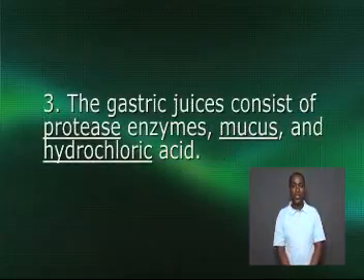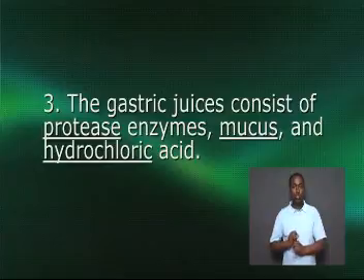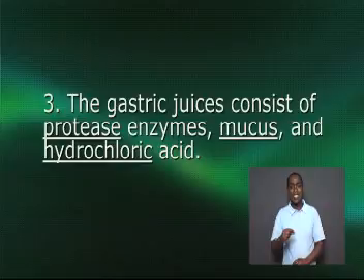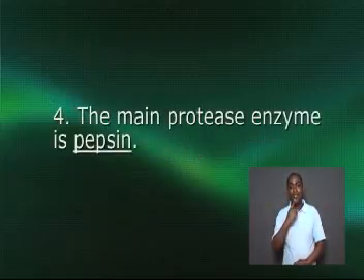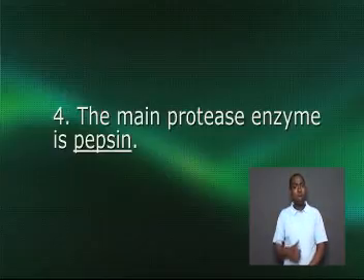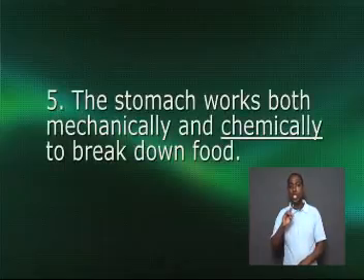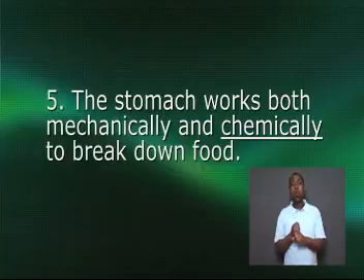The gastric juices consist of protease enzymes, mucus, saliva, and hydrochloric acid. The main protease enzyme is pepsin. The stomach works both mechanically and chemically to break down food. If you were able to answer them all correctly, well done.